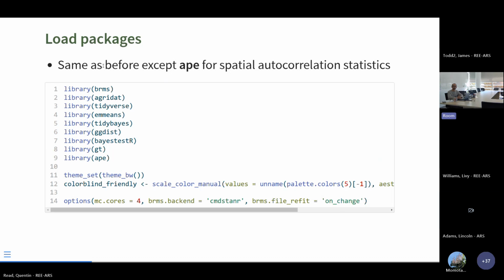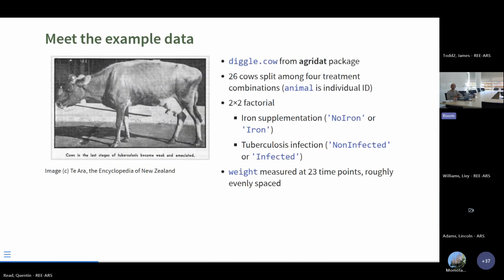And going back to the slides, we're going to talk about the example data that we are going to work with. Once again, I'm glad the AgriDat package exists because it has nice, clean little example data sets that we can work with. Obviously, these are much cleaner data sets than things you'll find in real life. A lot of the work is just getting the data into this format, but that's not really the point of this workshop.